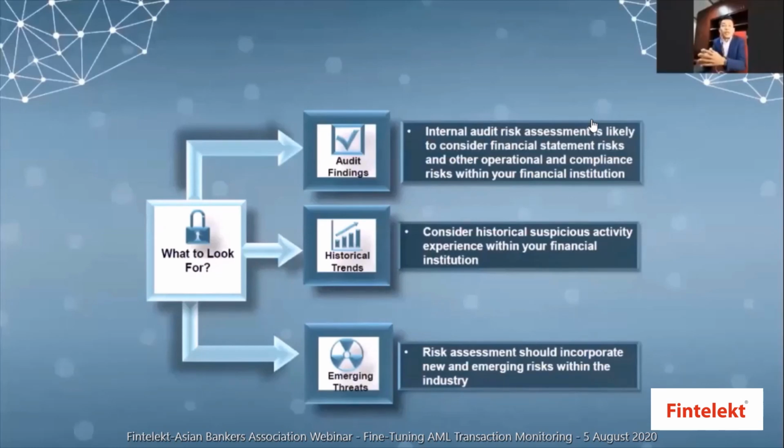The third one would be to look into emerging threats. What I mean by this is to look into the external factors that would put an organization into an uncomfortable position of dealing with AML threats or financial crime threats. So they must be able to assess, peer to peer comparison, what's happening with other organizations, what's happening in other industries.